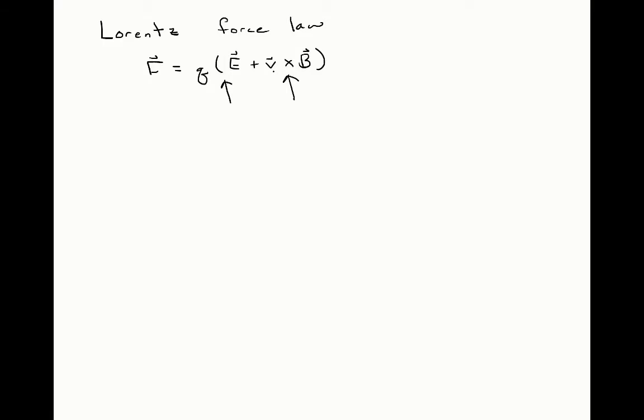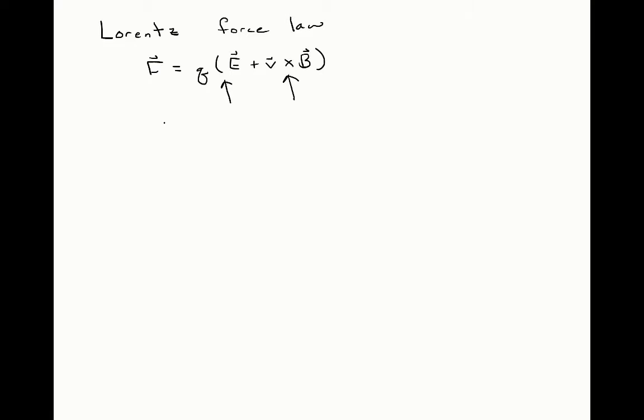You put your thumb in the direction of the velocity, your fingers in the direction of the magnetic field, and then your palm pushes in the direction of the magnetic force. So we can use this to figure out how charges in that wire loop should be moving.